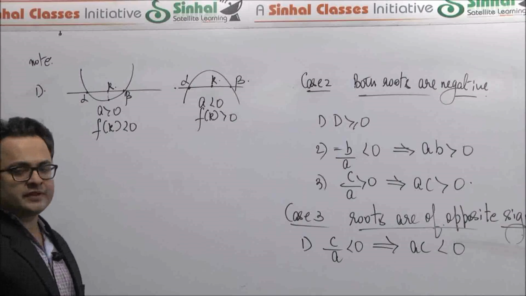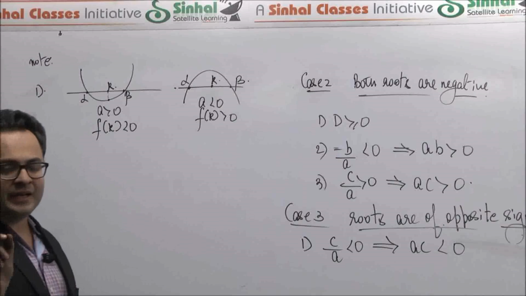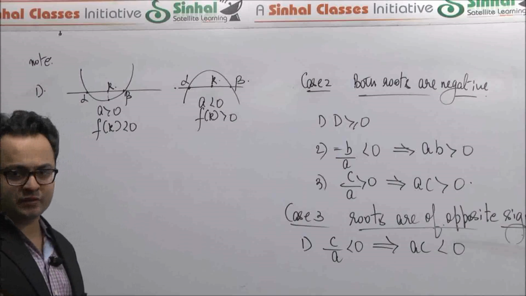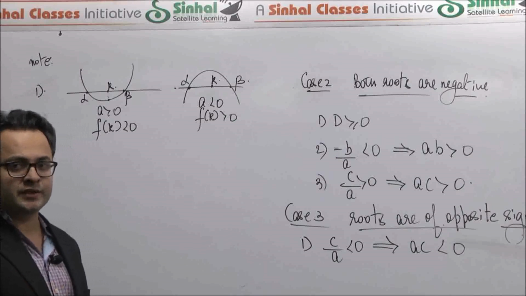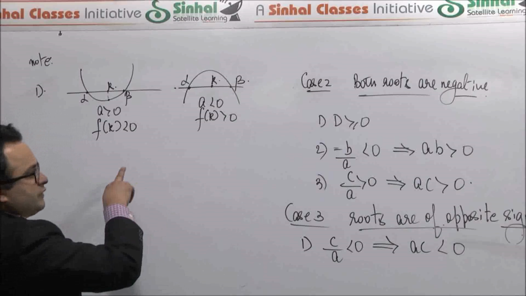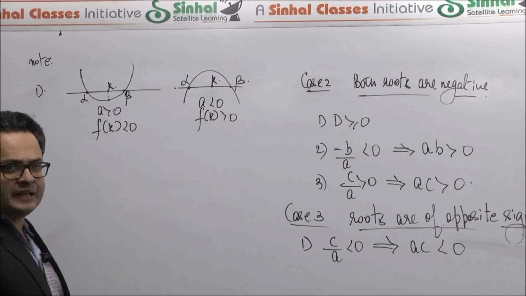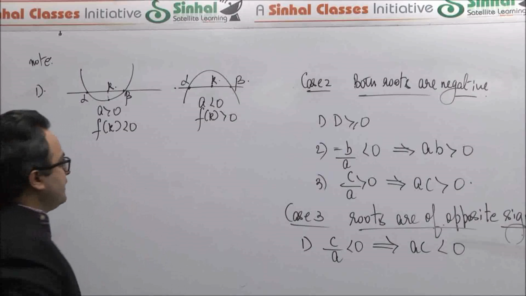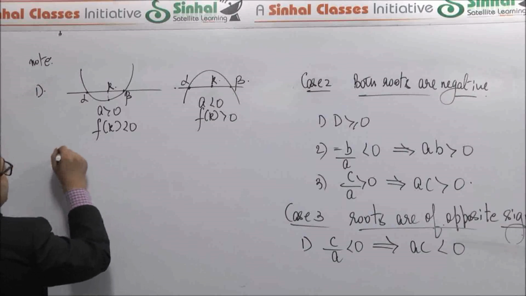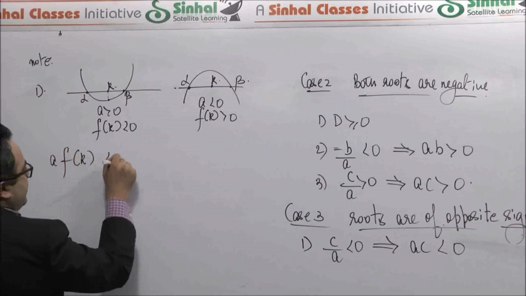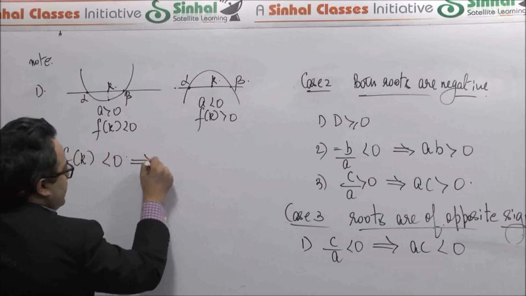So one interesting observation is that whenever a value k is between the roots of a quadratic expression ax squared plus bx plus c equals 0, the function value of the quadratic expression at k and a will have an opposite sign. Right? And actually the converse is also true. If a into f of k is a negative value, that will ensure it.